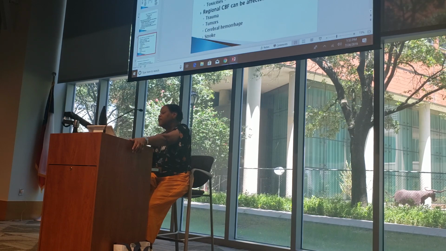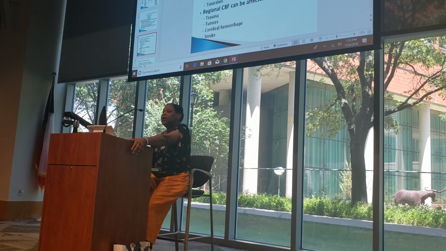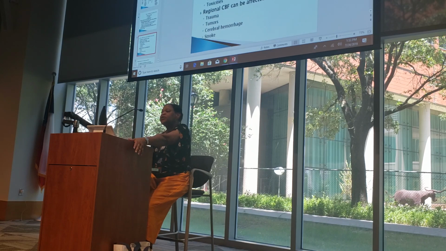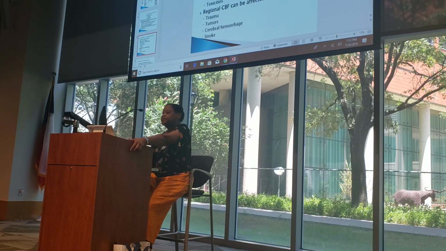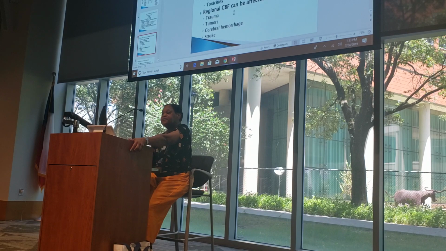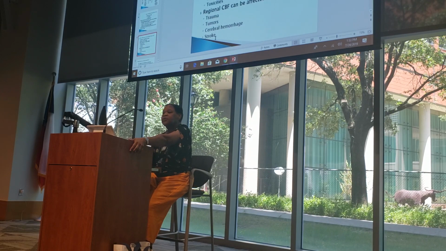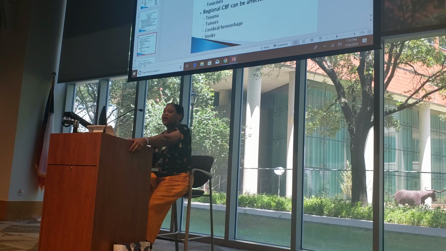Encephalopathies, infections, toxicities, those are serious diseases or conditions that can affect that cerebral blood flow, okay? And then when you add on regional aspects like tumors or trauma or stroke, it becomes even more involved.